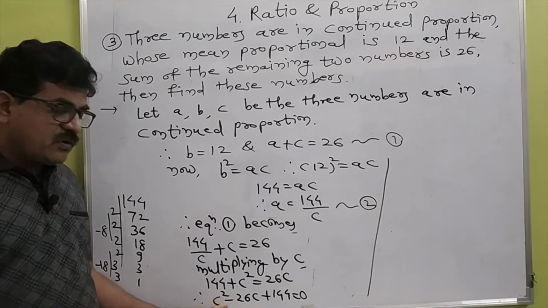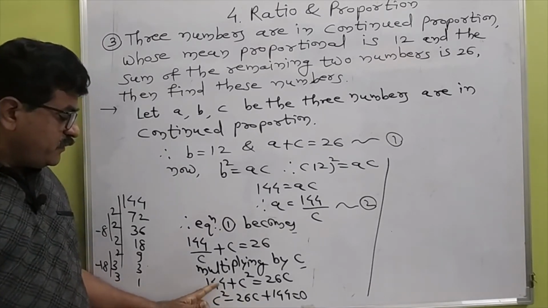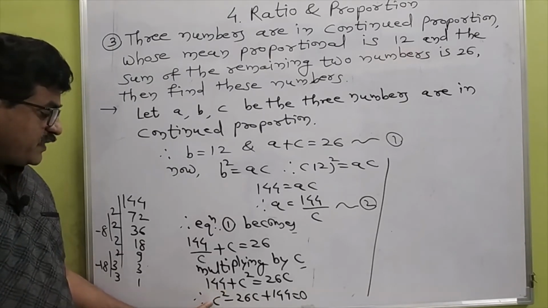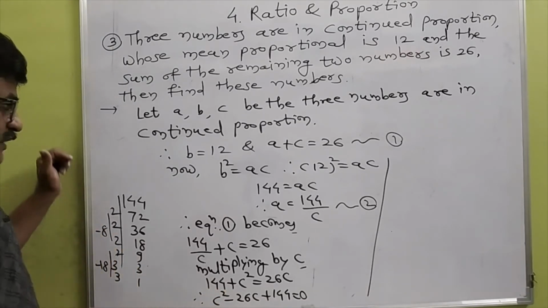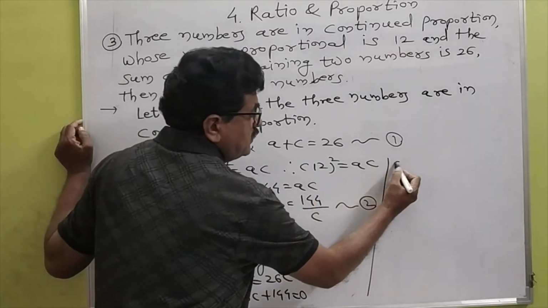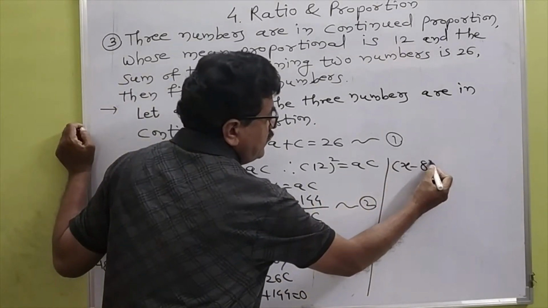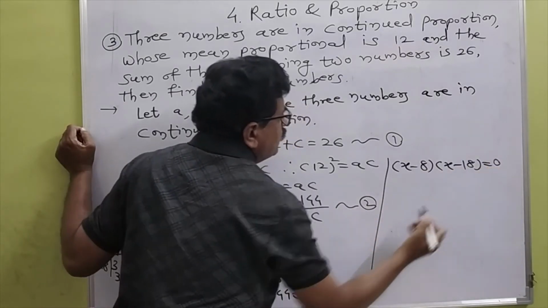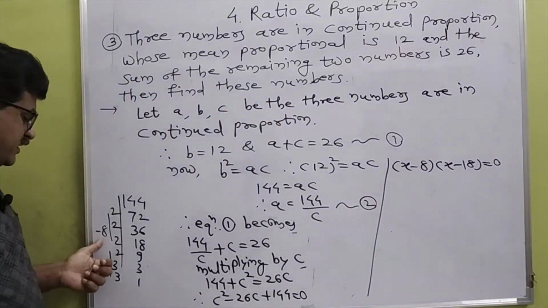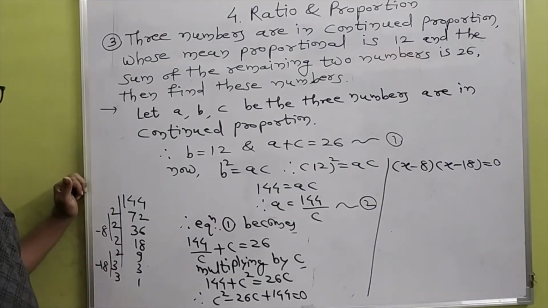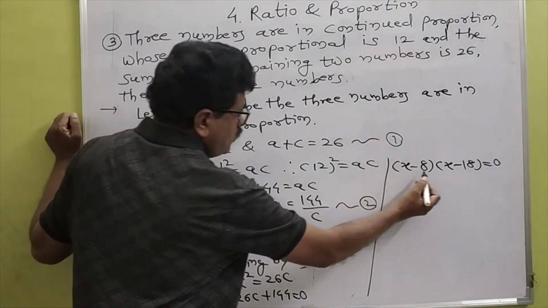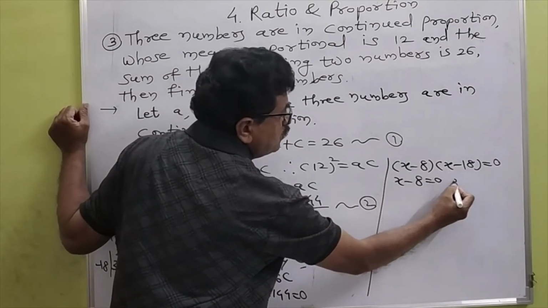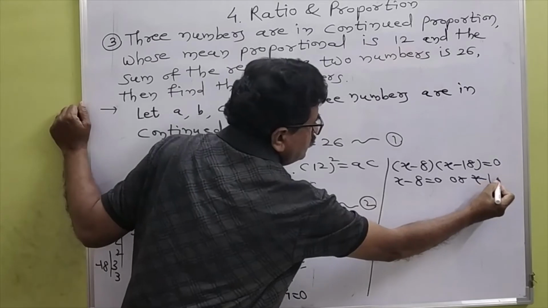Now we know that in a quadratic equation, if the coefficient of the square term is 1, then we can write the factors directly, that is x minus 8, x minus 18 equal to 0. Now the product of two numbers equal to 0, therefore first number equal to 0 or second number equal to 0.